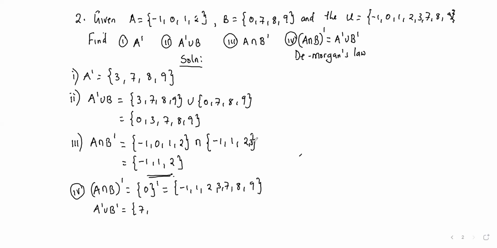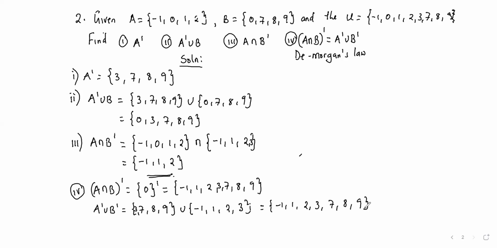So 3, 7, 8, 9. That's A complement. Union B complement, -1, 1, 2, 3. And then get the union of that. So the union is -1, 1, 2, 3, 7, 8, 9.